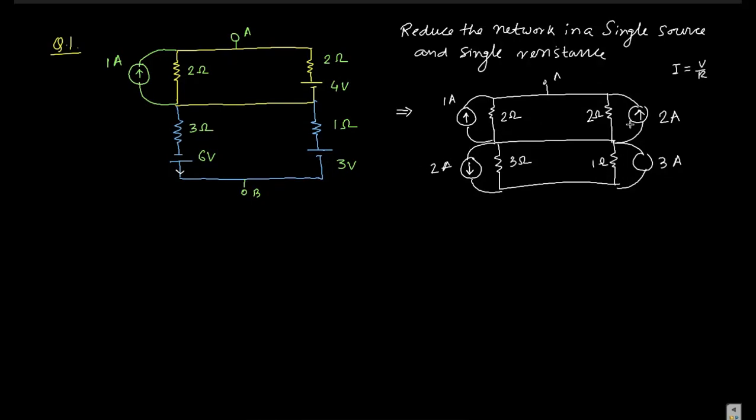Now these two and these two are in parallel, so we can make the circuit like this. If you combine these two current sources, one current source is in the upward direction and the second current source is also in the upward direction.